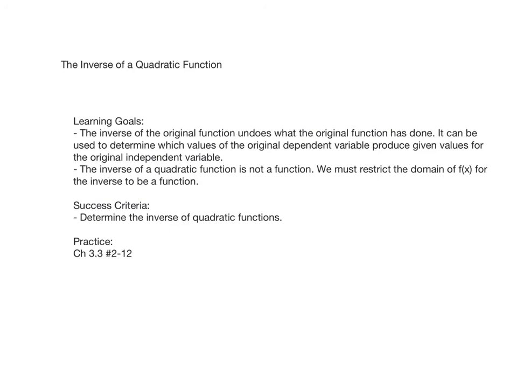The inverse of a quadratic function is not a function. We must restrict the domain of f of x for the inverse to be a function, and we saw that clarified in example number 2. Our success criteria is to determine the inverse of quadratic functions, and we've gone through various strategies to allow us to do that, be it using the graph or using the equation.